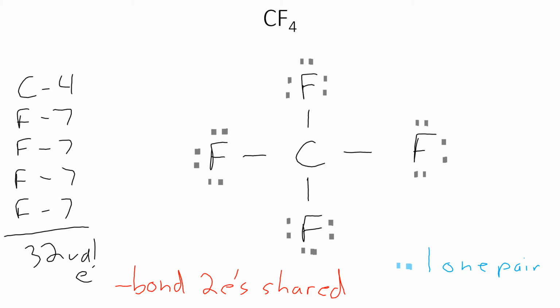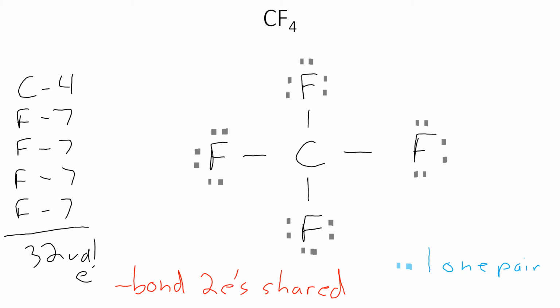Notice where I place these dots around the fluorine. I didn't place them in the space between the central atom and the outer atom. That's because these lone pairs are not being shared. They belong exclusively to that outer atom.